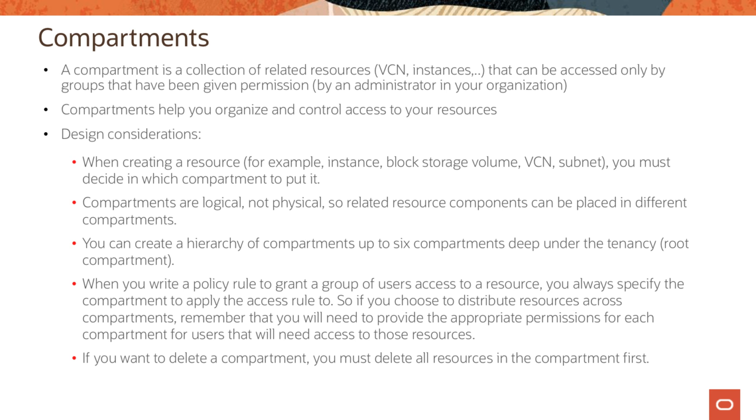So, if all your resources are in one compartment, you just write a policy against it, and the users in the group for which the policy is written all get access to it. But if you distribute your resources across compartments, then you have to give appropriate access to these users across these different compartments, which can be very useful. It can get complicated, so be a little bit thoughtful on how you want to create your compartment hierarchies and distribute your resources, and then write your IAM policies appropriately.